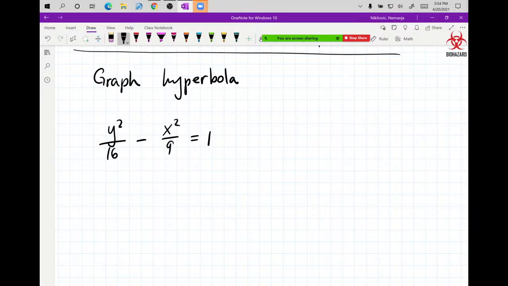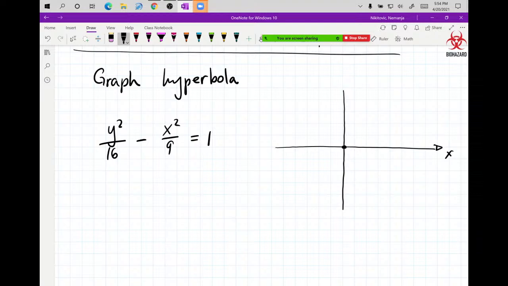And if it's y squared minus x squared, then it is vertical. In our case, we have y squared minus x squared, which means that we are going to have a vertical hyperbola. And since there are no values subtracted or added to x and y, the hyperbola will also be centered at 0, 0. So that's our 0, 0 there.